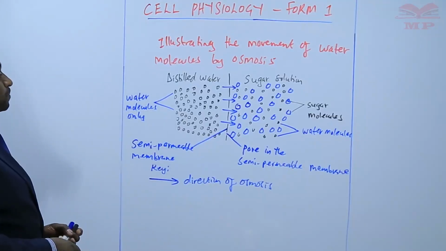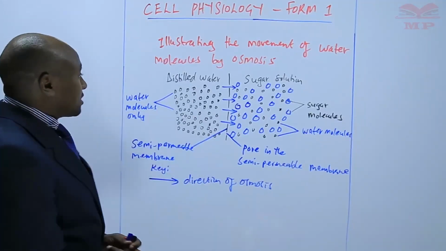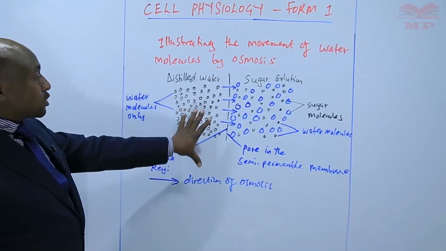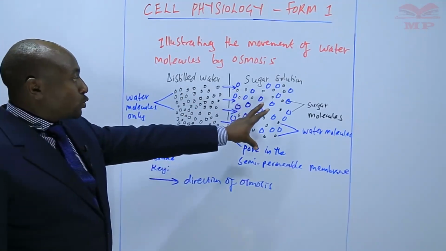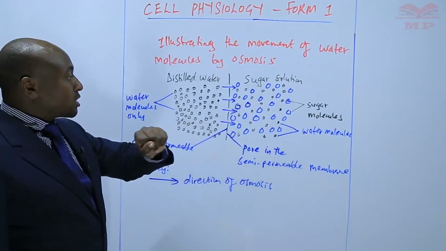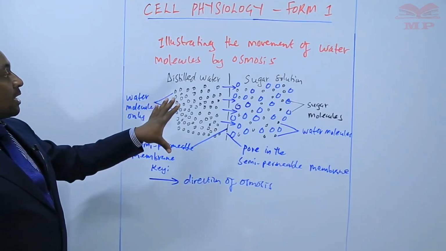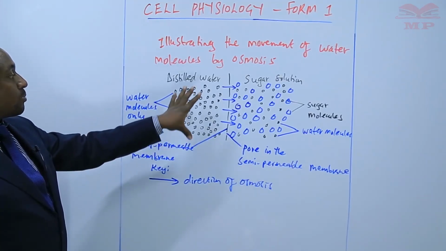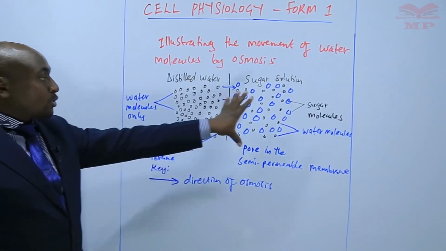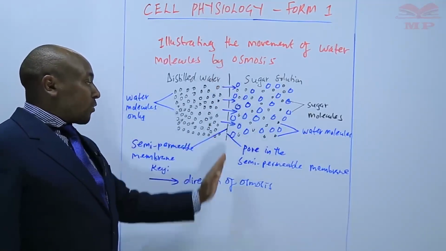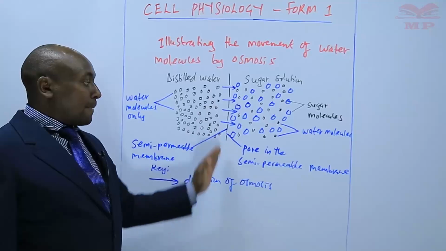So basically, we can use this to illustrate that osmosis takes place from where there is high concentration of water molecules to where there is a low concentration of water molecules. We can also say that osmosis occurs from the dilute solution to the concentrated solution through or across the semi-permeable membrane.